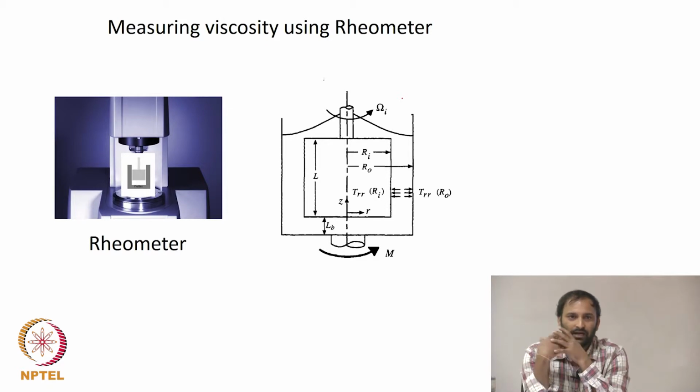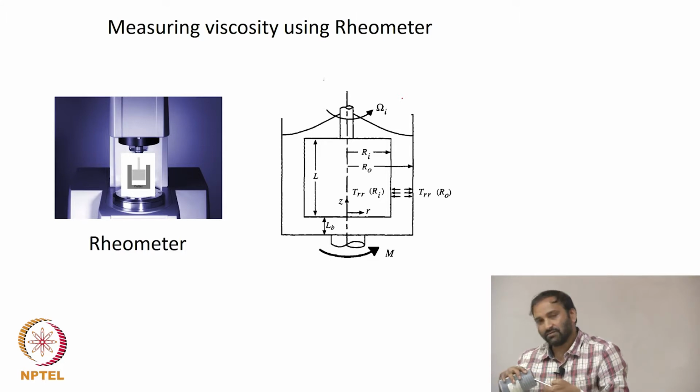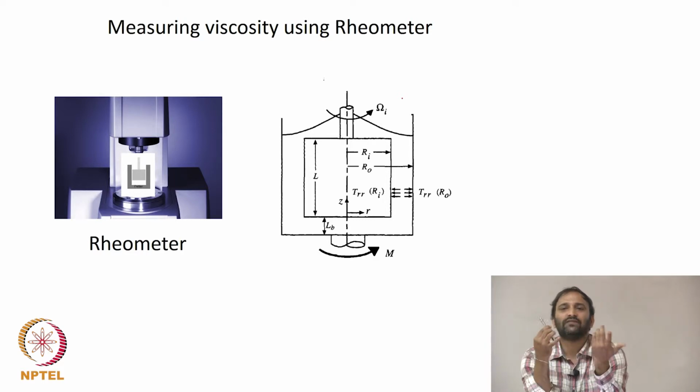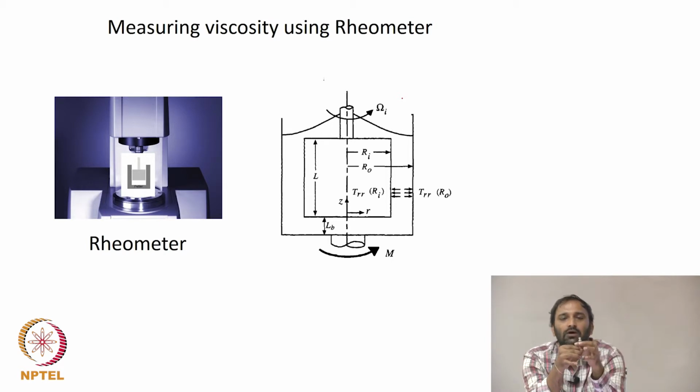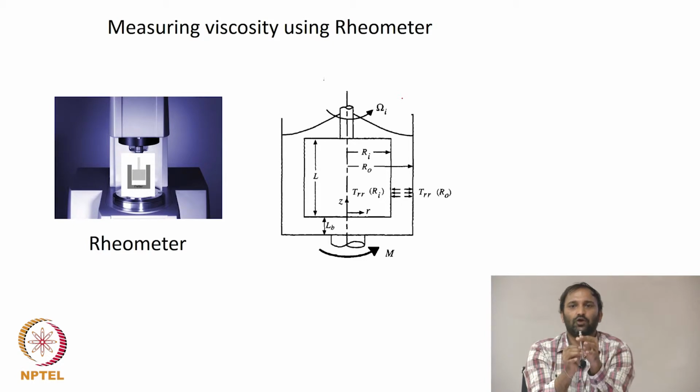Typically these measurements are done with a shaft, and the only thing that you control during your measurement is the rotation speed. That's all you do. I can tell the instrument to rotate at a particular rotation speed. That's the control that I have.